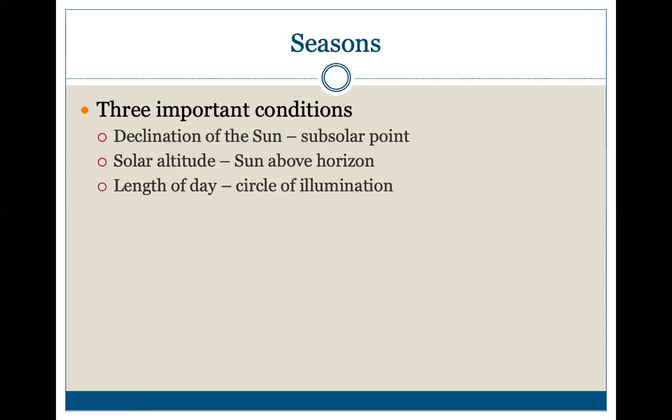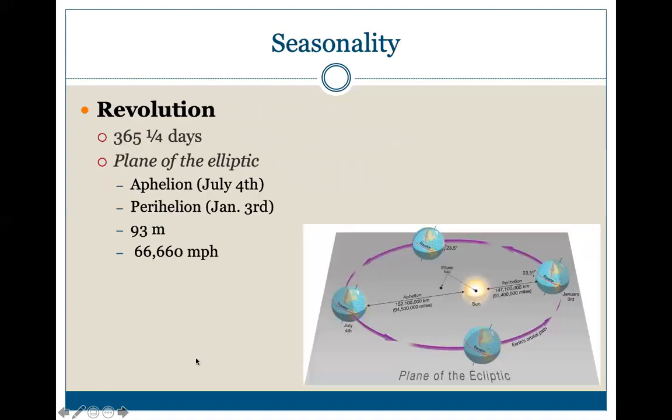And then our longest day, when we have the most sun from the earliest hours of the morning to the latest hours of the evening, is in the summer. So that's what they're referring to when we talk about the length of day related to the circle of illumination. So we'll go through these processes and you will start to see what each of those means.